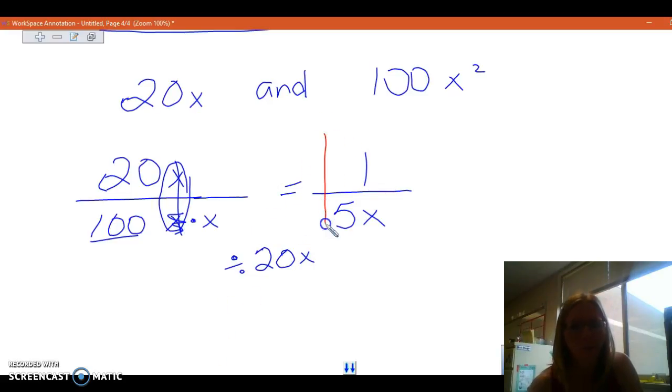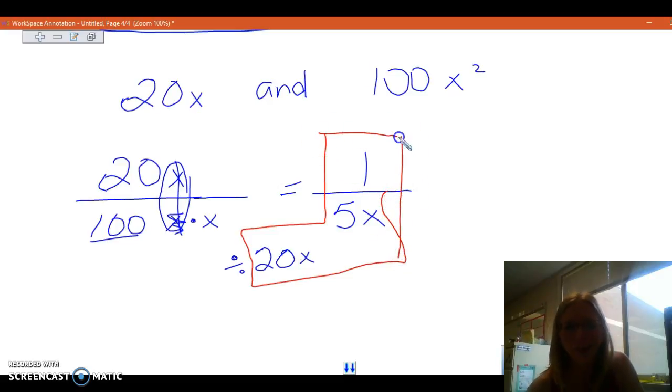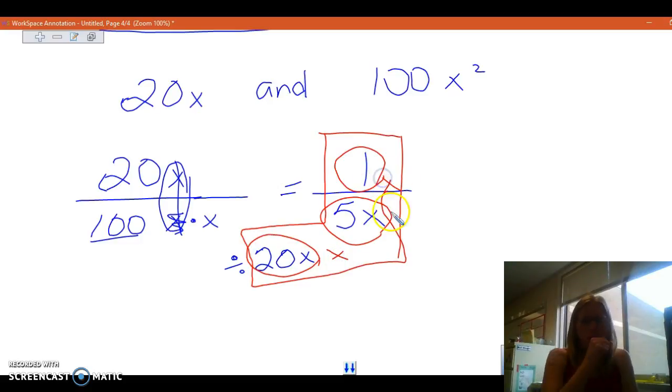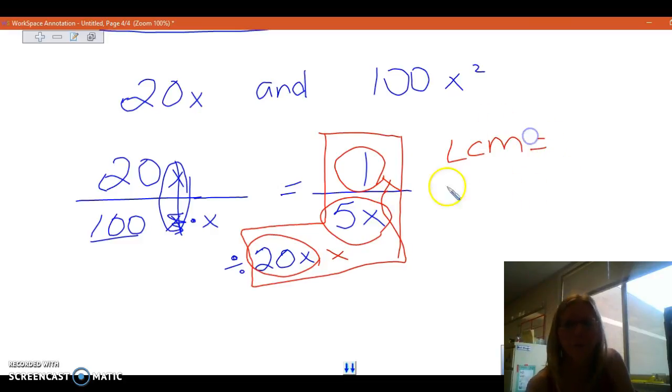Using the least common multiple strategy, we make ourselves a little L. And we utilize all of the factors that we have to create our multiple. By multiplying all of the factors, we find the least common multiple is 20x times 5 times 1.